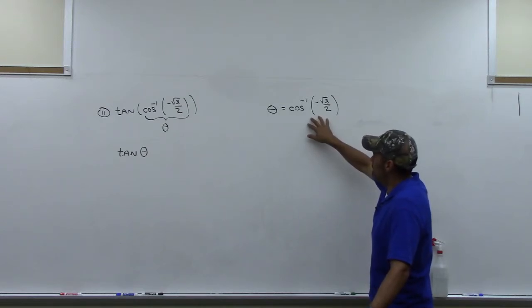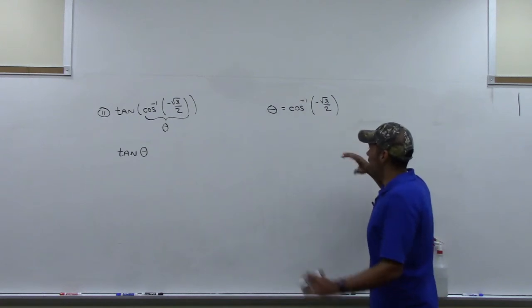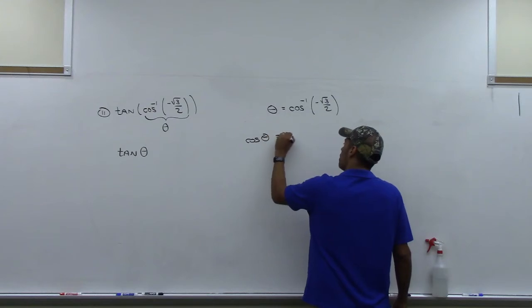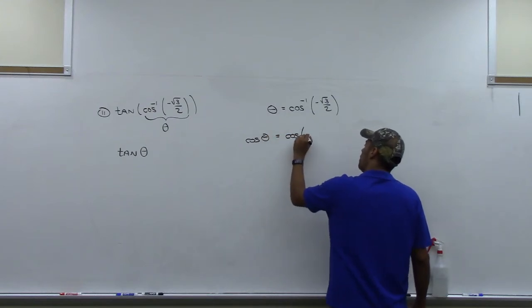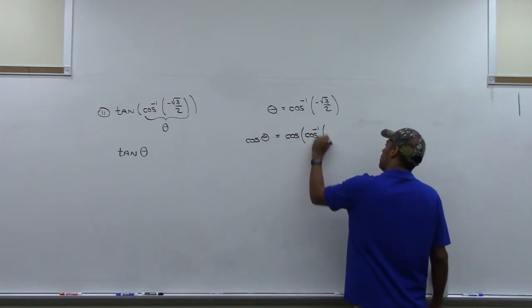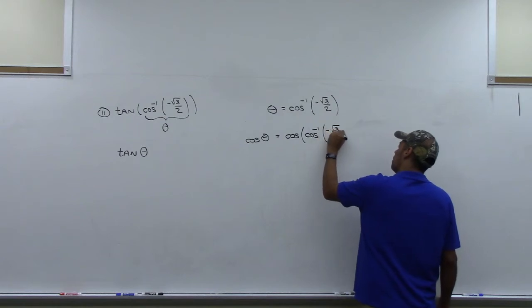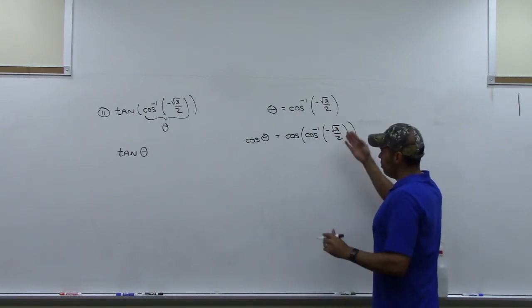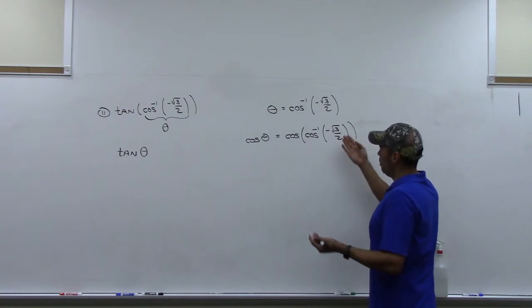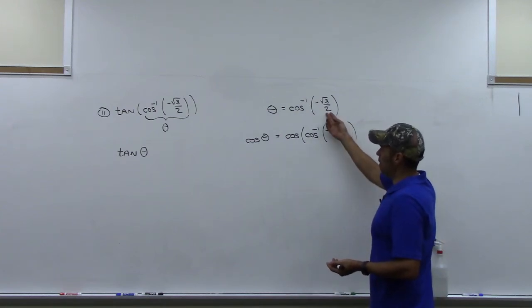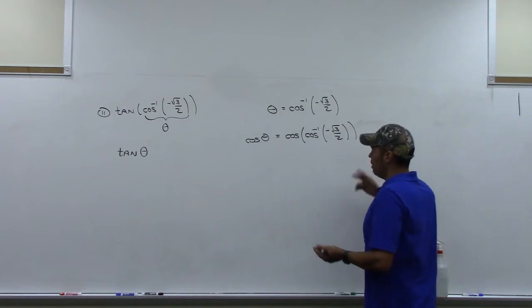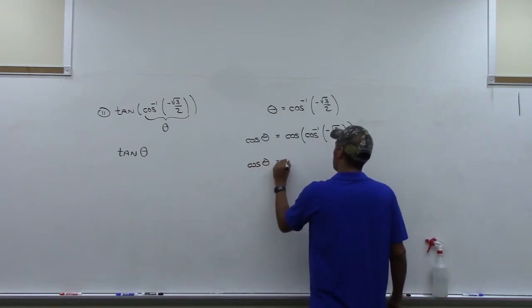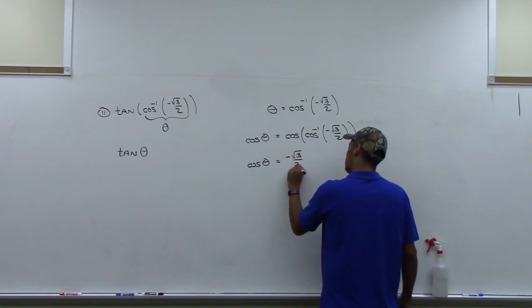Better yet, I could just take cosine on both sides, and with the cancellation property it should just spit out negative root 3 over 2, so long as this is in the domain, which it is, because this number has to be between negative 1 and 1. So cosine of theta is equal to negative root 3 over 2.